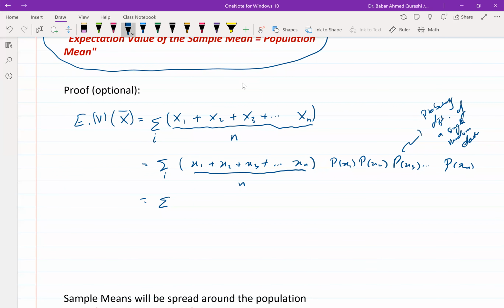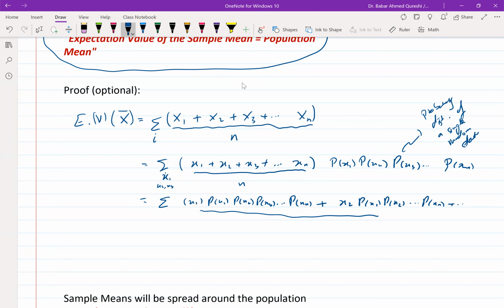You are summing over all possible values, summing over x1, x2, x3. They can take all different sample values. So you get this kind of a thing: x1, px1, px2, px3, pxn, plus x2, px1, px2, pxn, and so on, divided by n.